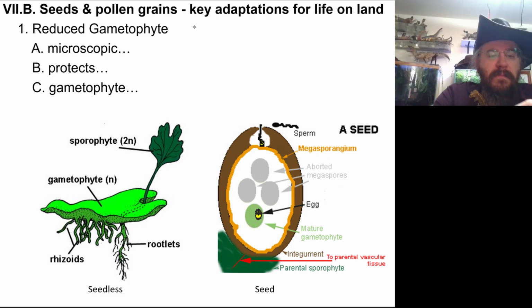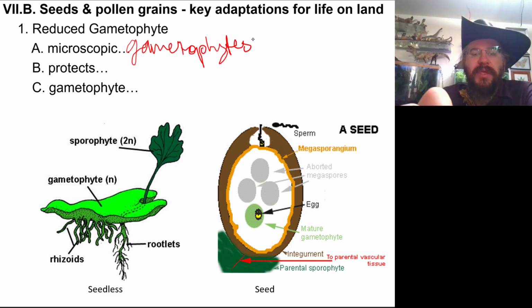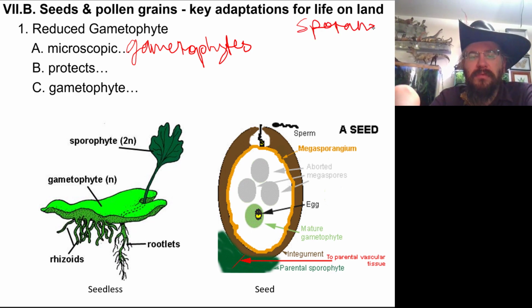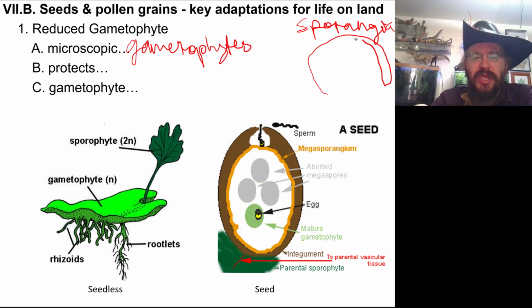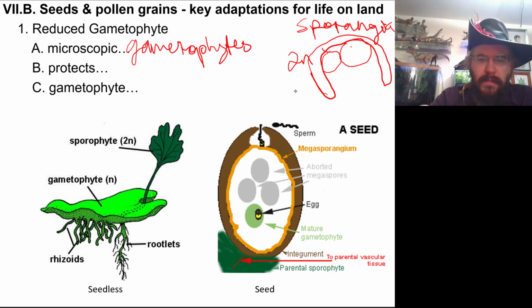So microscopic gametophytes develop from, so we have the sporangia. Let's just say this is the sporangia. And it makes, so diploid sporangia. And here's some spore mother cells.